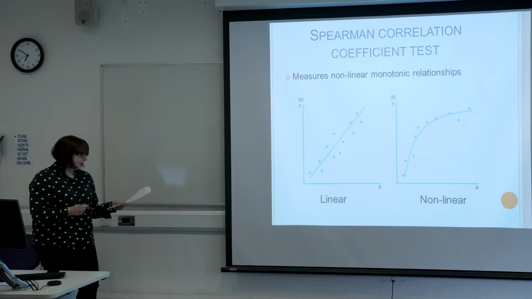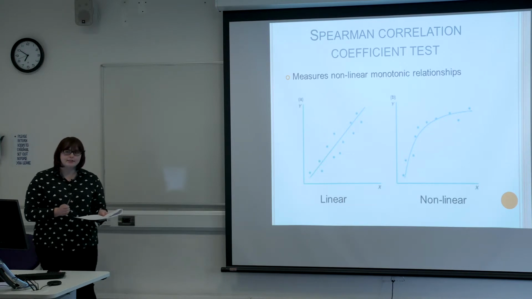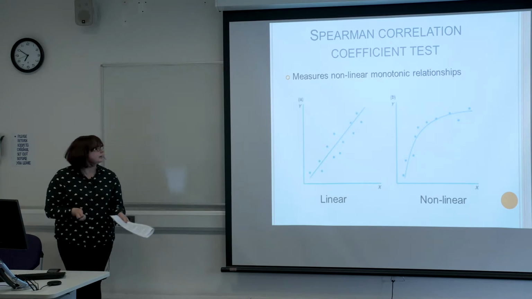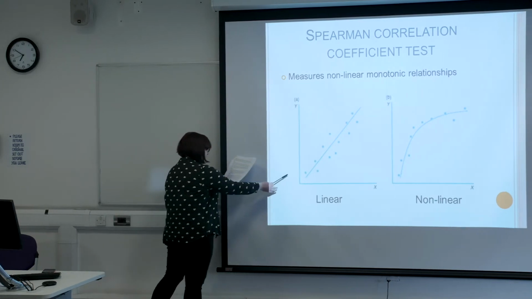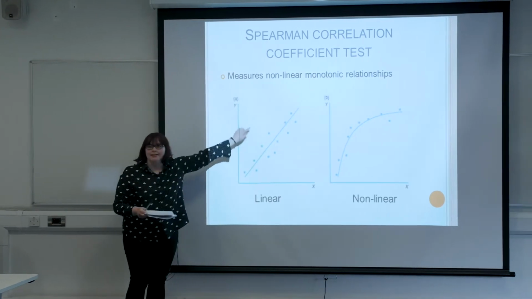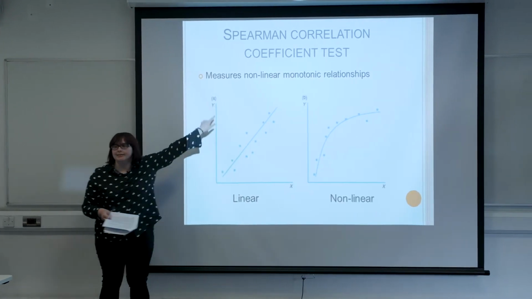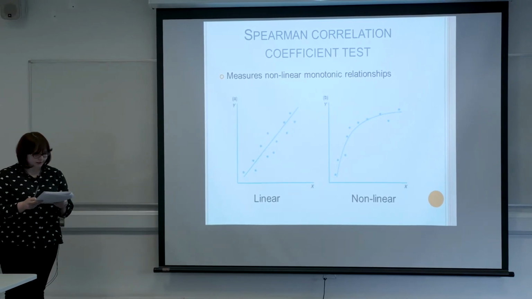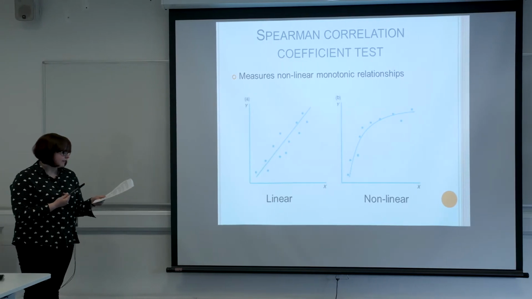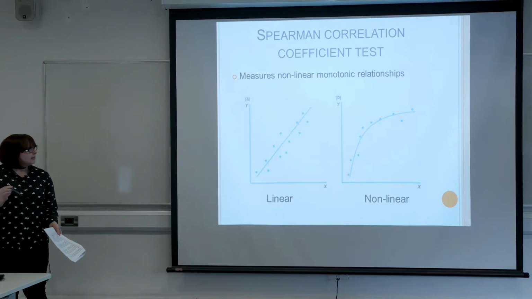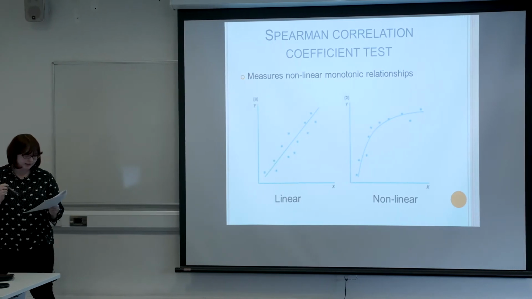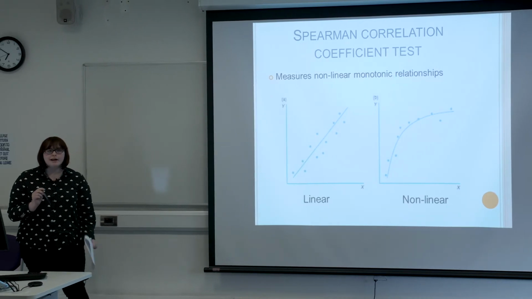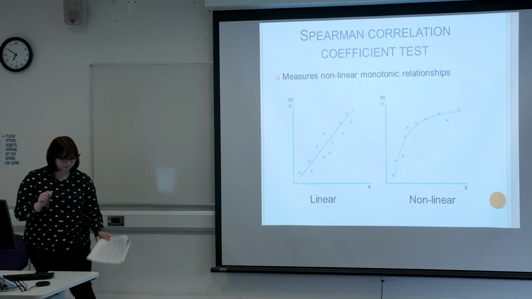A key strength of the Spearman test is that while comparable statistical measures such as the Pearson correlation coefficient test measure linear relationships, such as the one depicted in graph A, where the increases in both variables are relatively stable, essentially, you can draw a nice diagonal line through linear data, the Spearman test measures non-linear monotonic relationships, such as the one depicted in graph B. That is, the Spearman test determines if an increase in one variable correlates with an increase in another variable, but these increases do not have to occur in a linear or stable fashion.